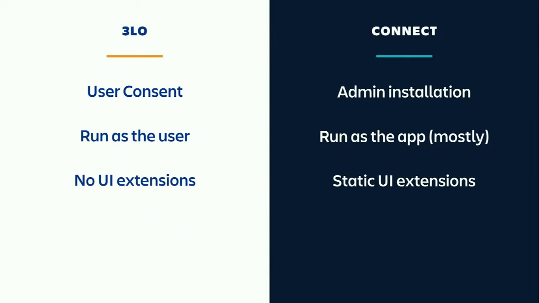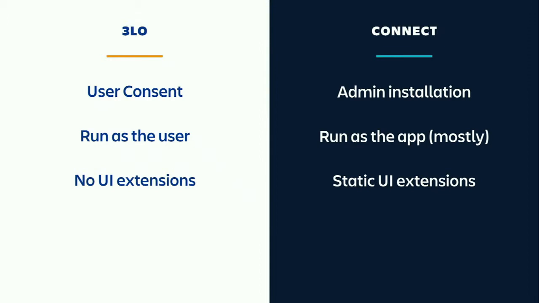TRILO runs as the end user, so it will execute using the end user's permissions. It will only see stuff the end user can see. In Connect, we have a special system user installed, which will get some basic permissions and really run as the app. So you can set the permissions for that system user separately. There's also a way to do user impersonation with Connect, so you can also impersonate users.